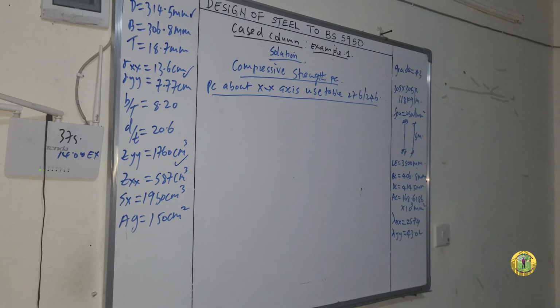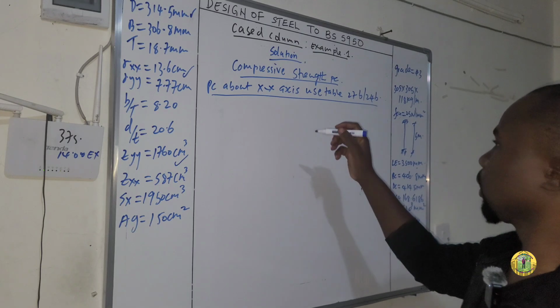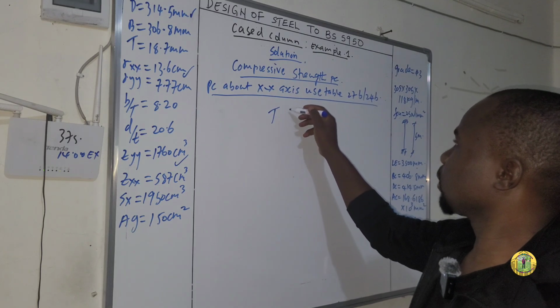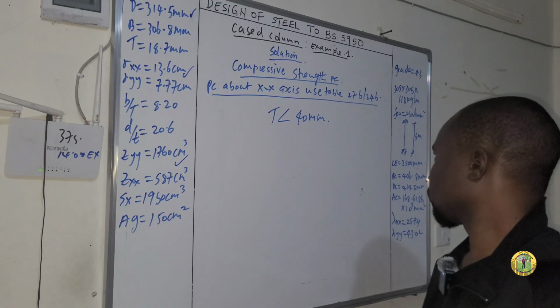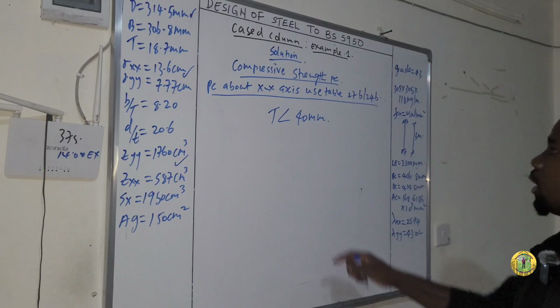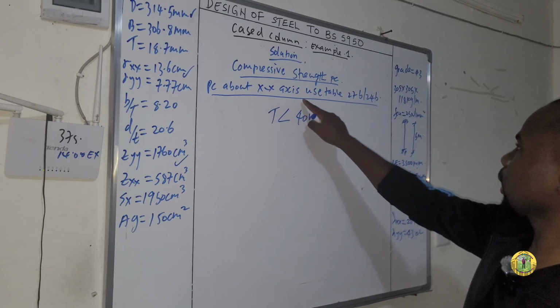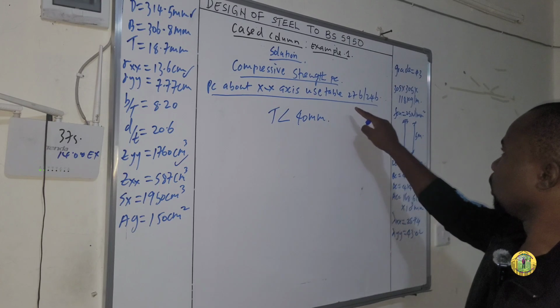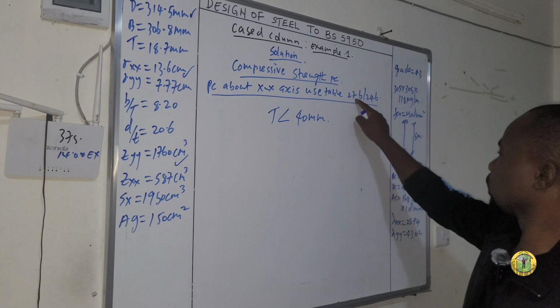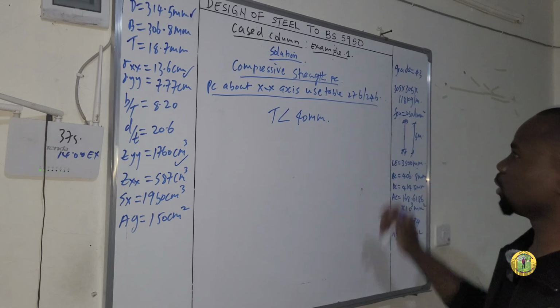Just to remind you, this table is for rolled steel sections, and for you to use 27B, the T must be less than 40 millimeters. So to obtain pc about the XX axis, when T is less than 40 millimeters, you use 27B or 24B.